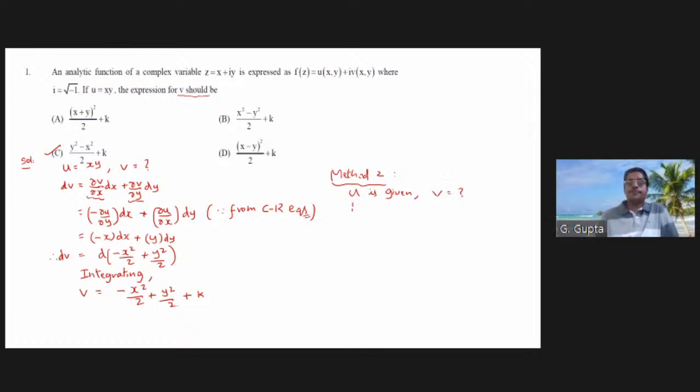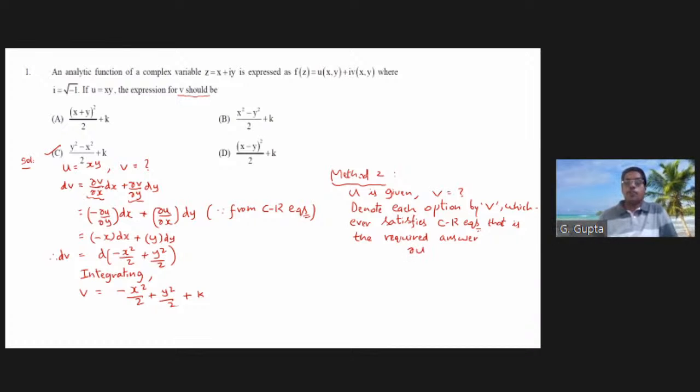Denote each option by v, whichever satisfies the CR equations, that means that option is the required answer.